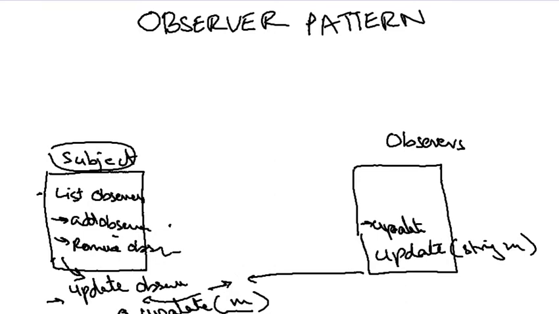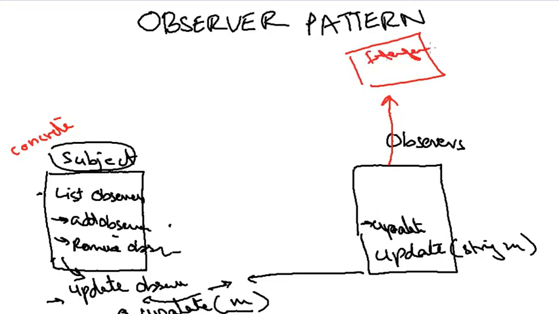So now using these two concrete classes, I have in simple words described how the observer pattern will actually be designed. Now we can add an observer interface, which will have the update function, which is then implemented in the concrete observer class.